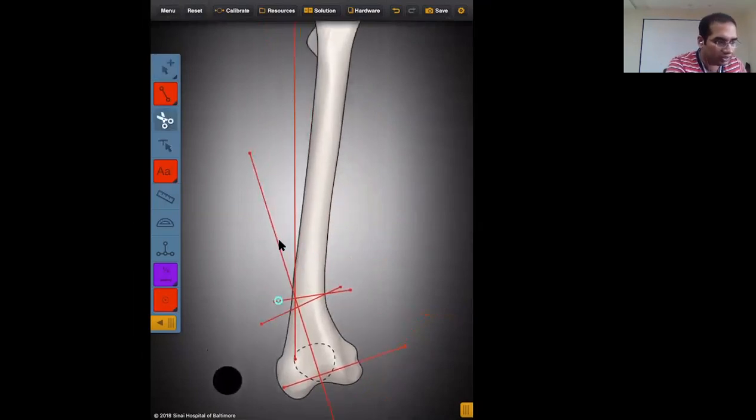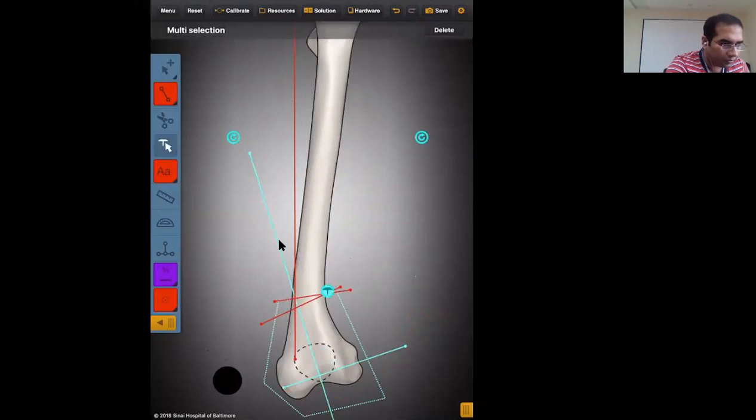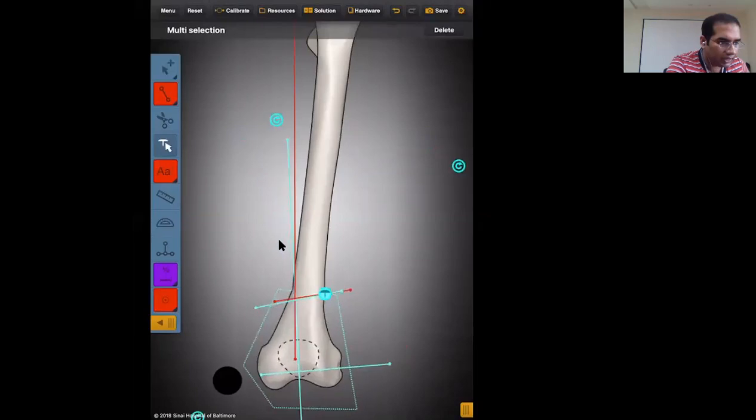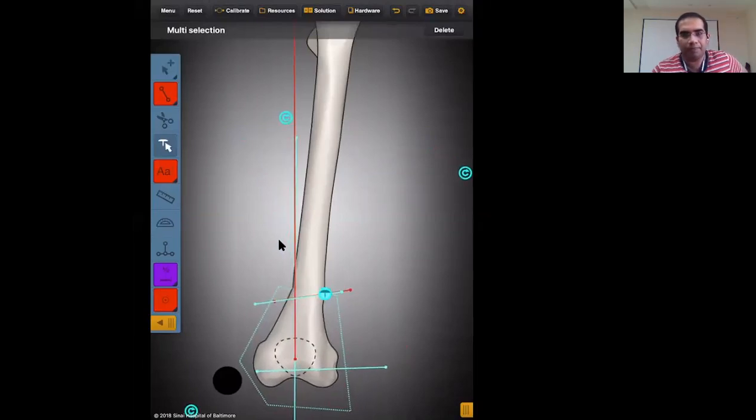It does not exist. With this line, this is going to correct the deformity. Understood?